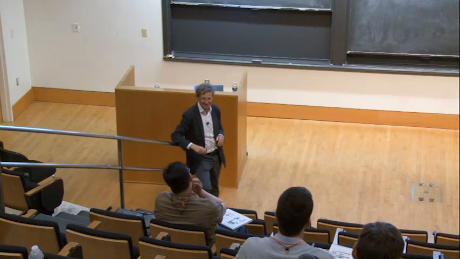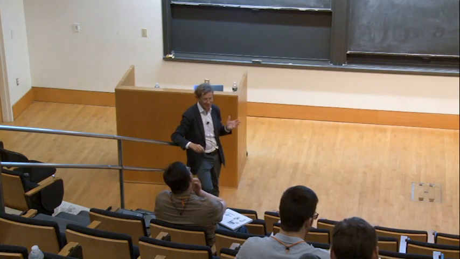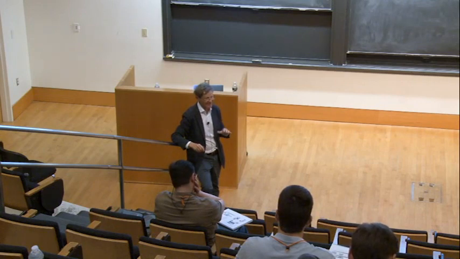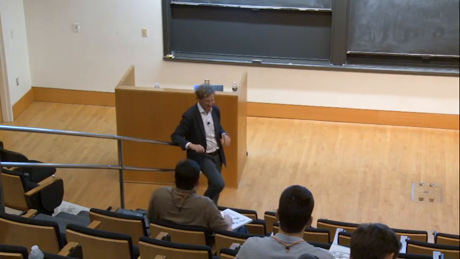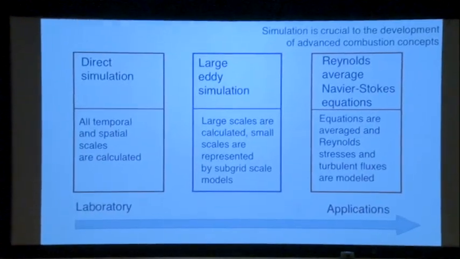That's a little more tricky because the resolution is not there. The size of the discretization is too large. So for the moment, what is being predicted should be taken with some care. Anyway, LES is in between here.